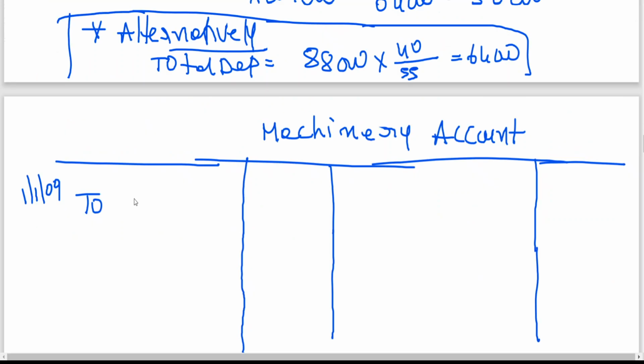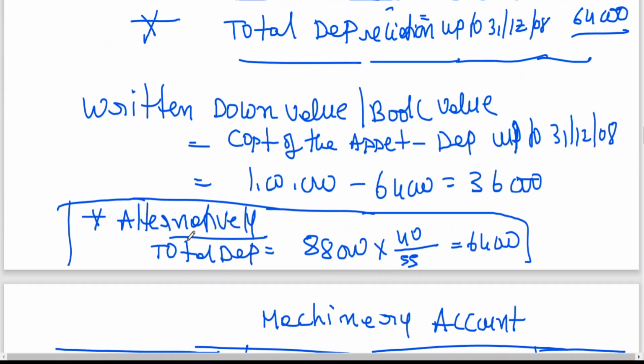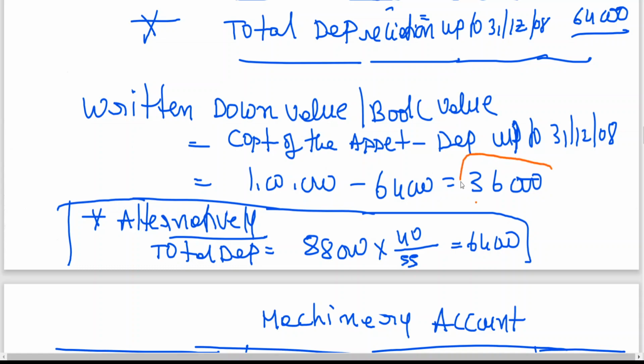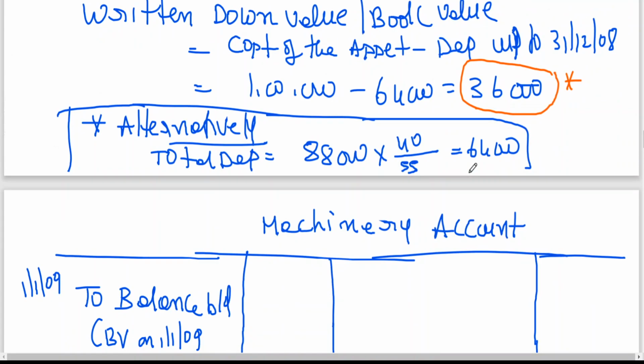When you are taking the book value, you should write to balance brought down. This is the book value on 1/1/2009. Get it, all of you. So 36,000.